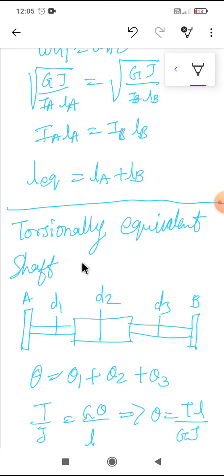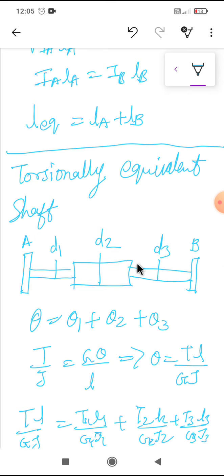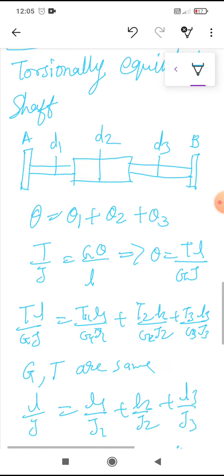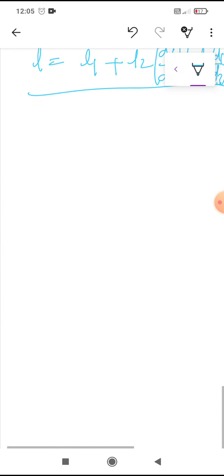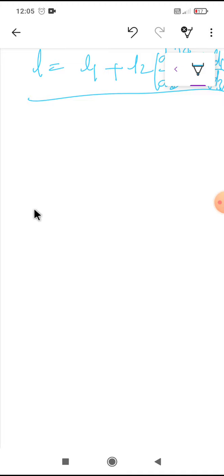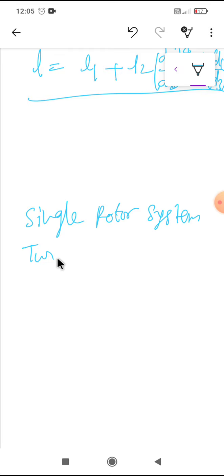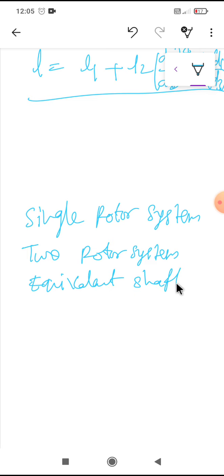Then the torsional equivalent shaft: if the diameters are different, what will be the length of the equivalent shaft having a single diameter, which we take as d1. So these three concepts we have seen today: the single rotor system, the two rotor system, and the equivalent shaft in a two rotor system of different diameters.